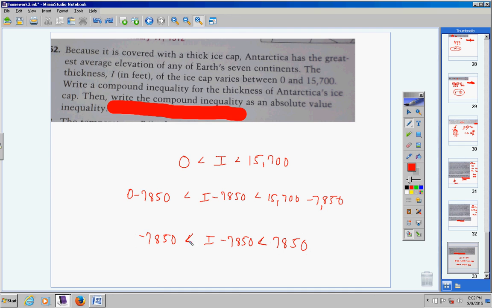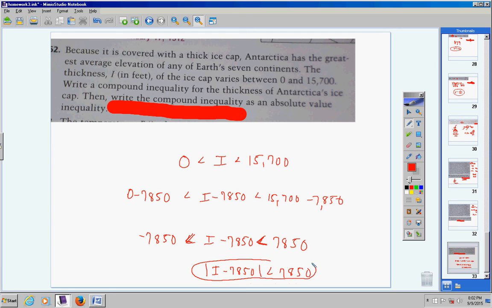Your arrows must be pointing to the left. Okay? These two numbers here must be complete opposites of each other. If that's the case, you can then write an absolute value inequality by taking this part right here and simply inserting absolute value symbols. So, absolute value of I minus 7,850 is less than 7,850. And there we go.